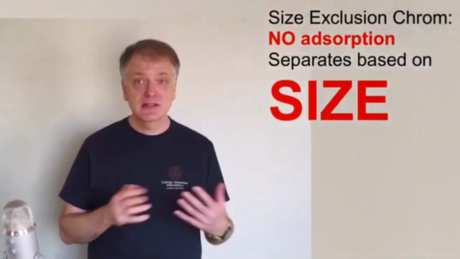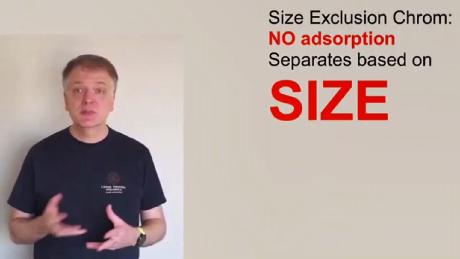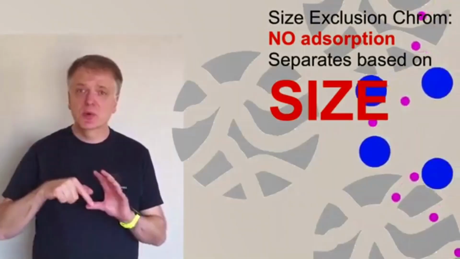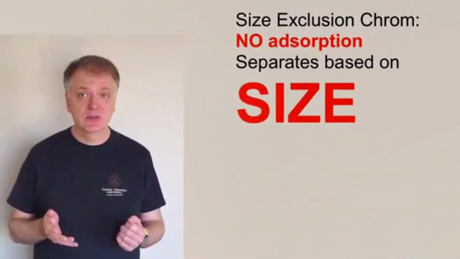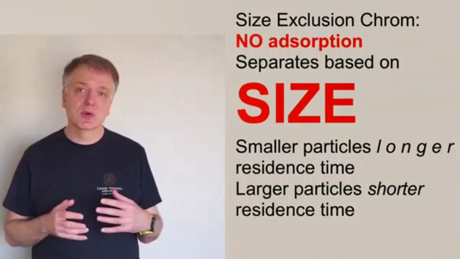A size exclusion chromatography column, or SEC column, is packed with porous particles. Small molecules can enter into the pores of the porous particles, while larger molecules cannot. Thus, smaller particles have a longer residence time in the column and larger molecules a shorter residence time.